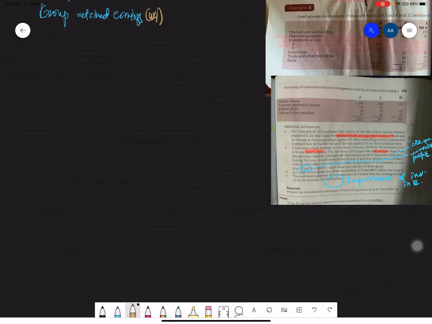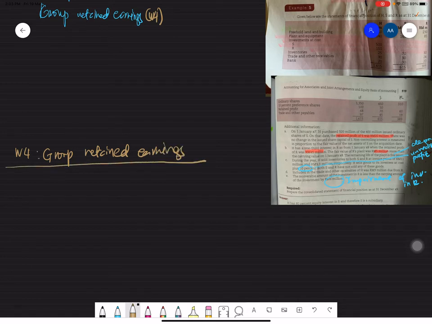There is enough space to make the working for group retained earnings.